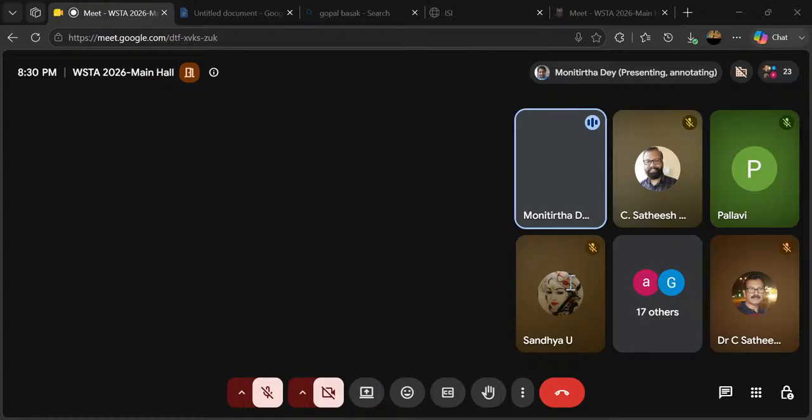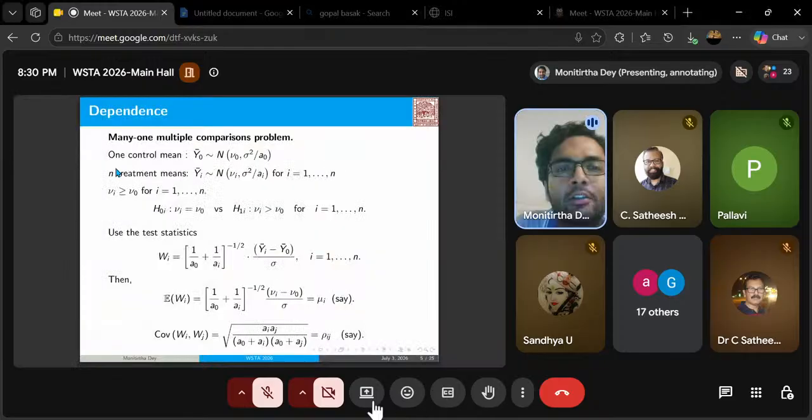So this talk focuses on multiple testing under dependence. Why are we motivated to explore the role of dependence? Because dependence arises quite naturally in many situations, for example, in the many-one multiple comparisons problem. We have one control mean, say the existing drug in the market, and we have n treatment means, like the competing new drugs.